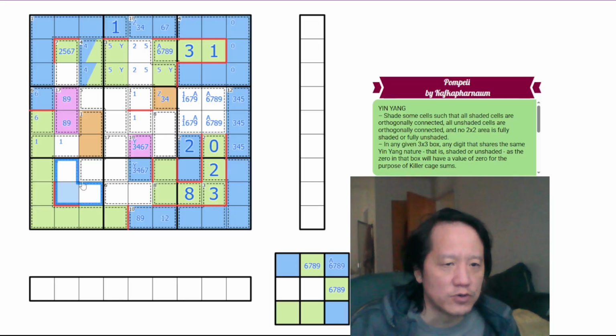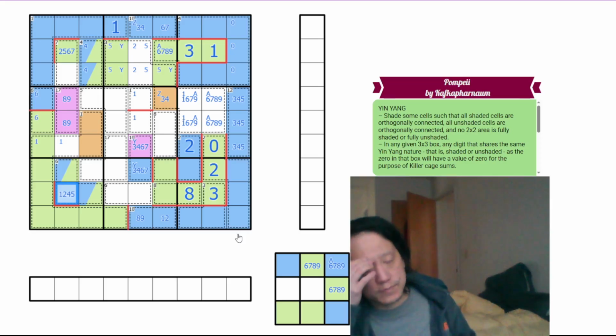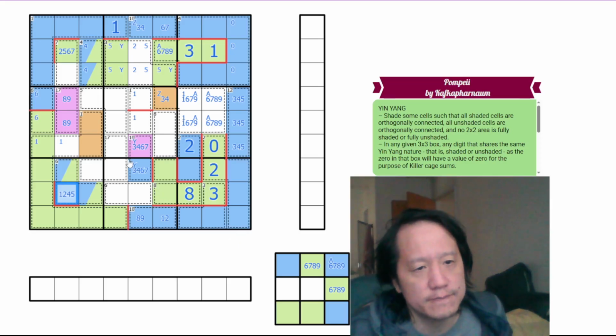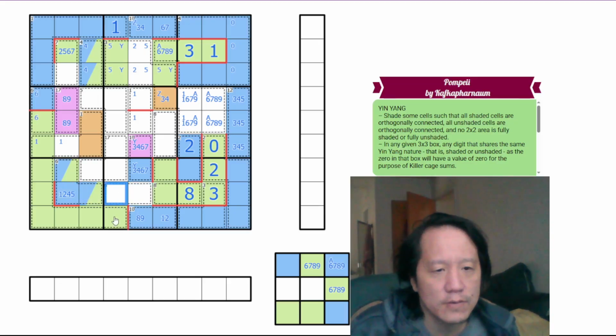You can't have just 0 blues because this must orthogonally connect to one of these two. So one of these is blue, one of these is green. We're not sure which. So this is 1-5 or 2-4 here. One of these two is okay. So if this is green here, this must be blue here.